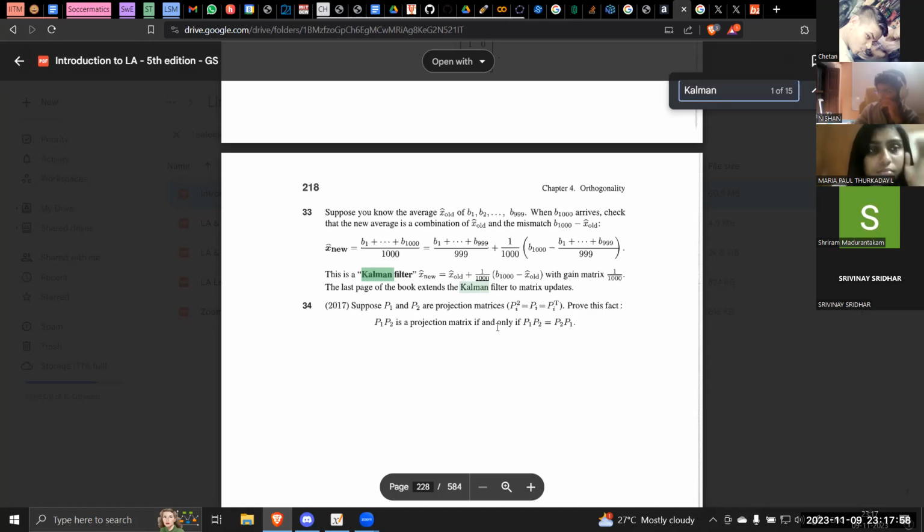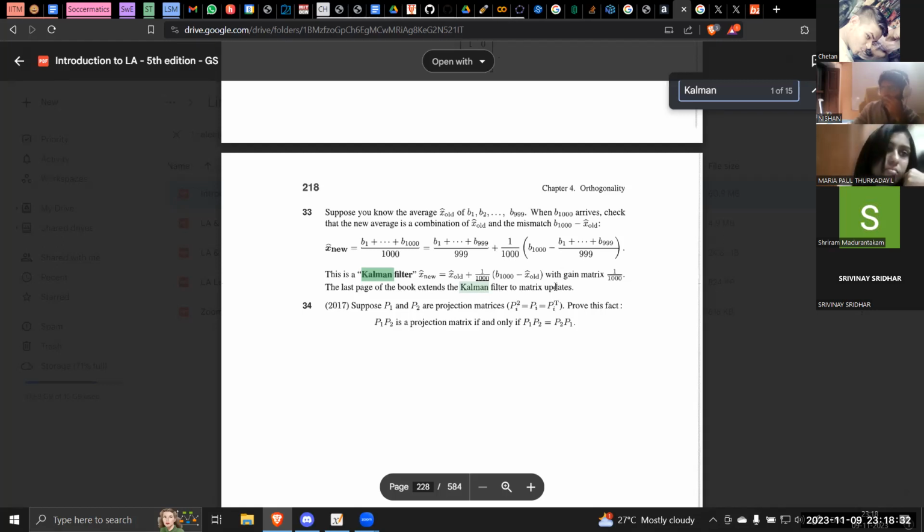I was just saying that because you can see this exact kind of representation. He's trying to get the slope of it, or the change that b1000 is making on the existing one. That is what b1000 by 1000 minus this entire expression is, the remaining average. Yeah, but this 1000 is being multiplied inside as well, right?